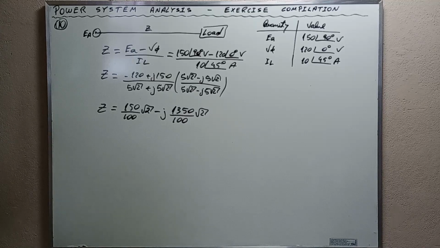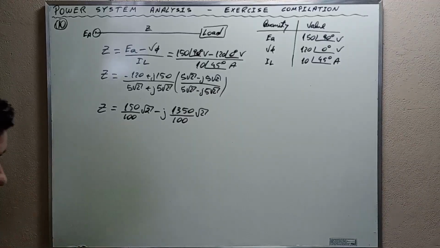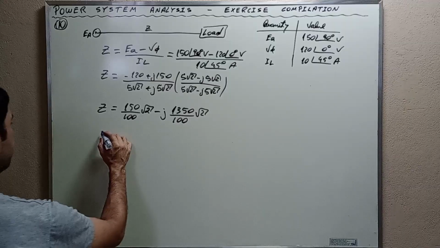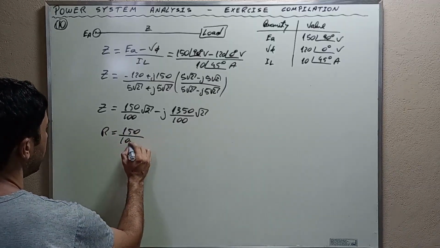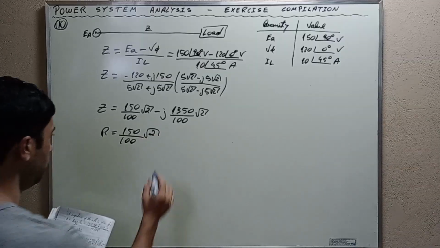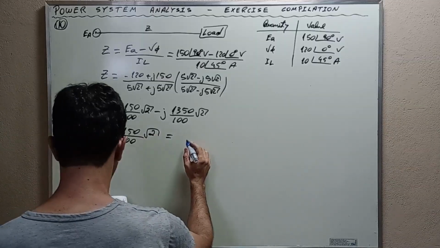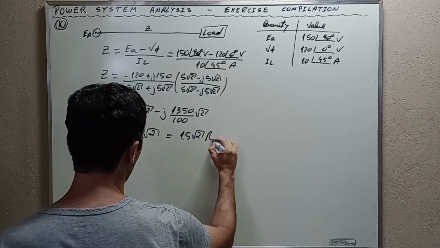The exercise wanted us to calculate the resistance of the cable, and the resistance of the cable is the real part of the impedance. Okay, so the resistance is equal to 150 divided by 100 times the square root of 2, which is equal to 1.5 times the square root of 2 ohms.